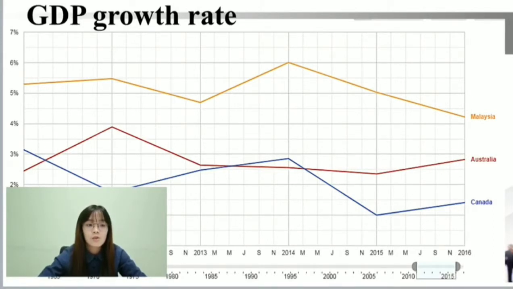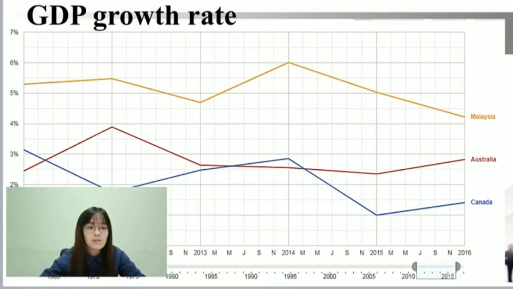It continued to decrease by 0.1% until it reached its lowest at 2.4% in year 2015, and it increased to 2.8% in year 2016 by 0.4%. The average of Australia's GDP growth rate is placed second among the three countries.